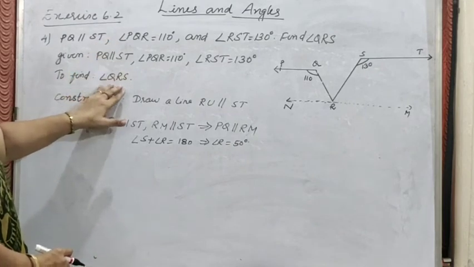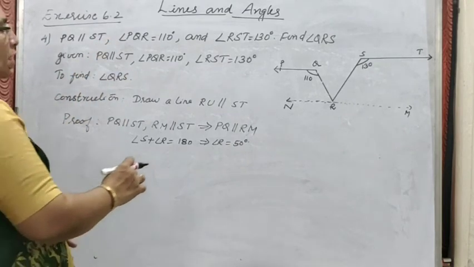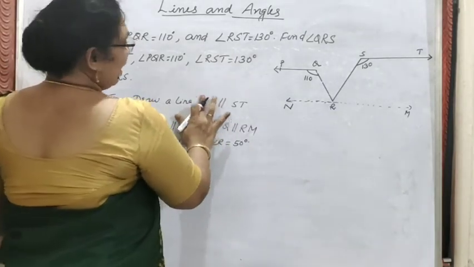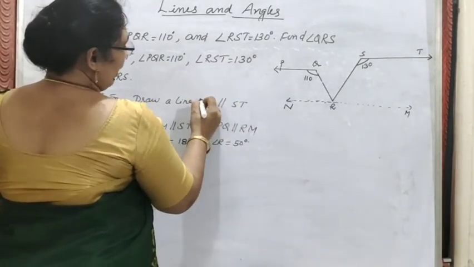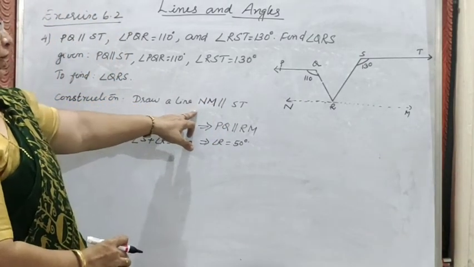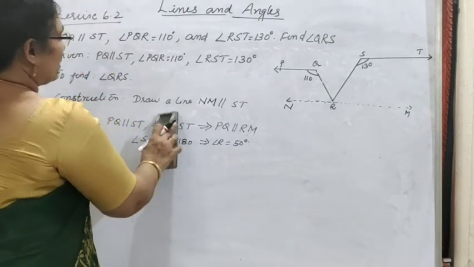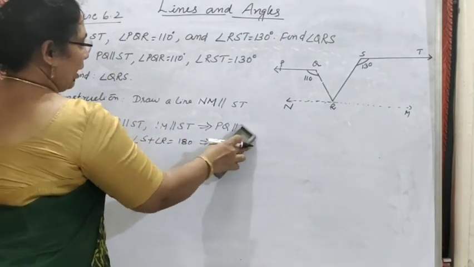So given and to find, you can write easily. Here construction is required. What is the construction? Draw a line NM parallel to ST. So what we have to write is the parallel line only.